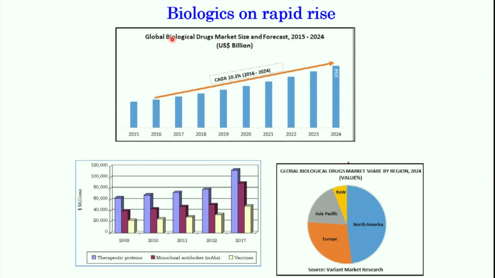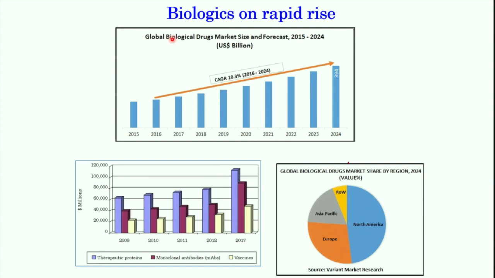However, they are on a rapid rise. If you look at the global biological market size from 2016 to 2024, it has increased many folds, about 10% every year, and now it is $394 billion.